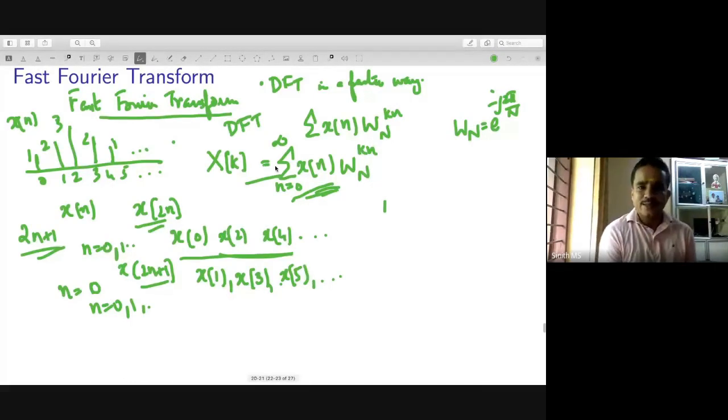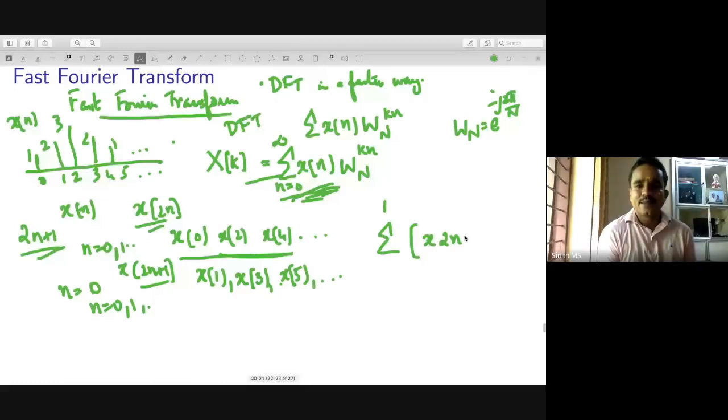So the total summation of xn you can write, instead of xn, as x2n, splitting odd and even terms.